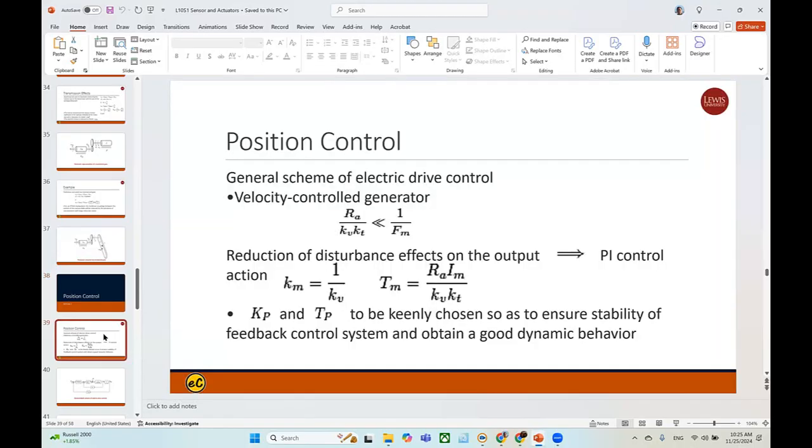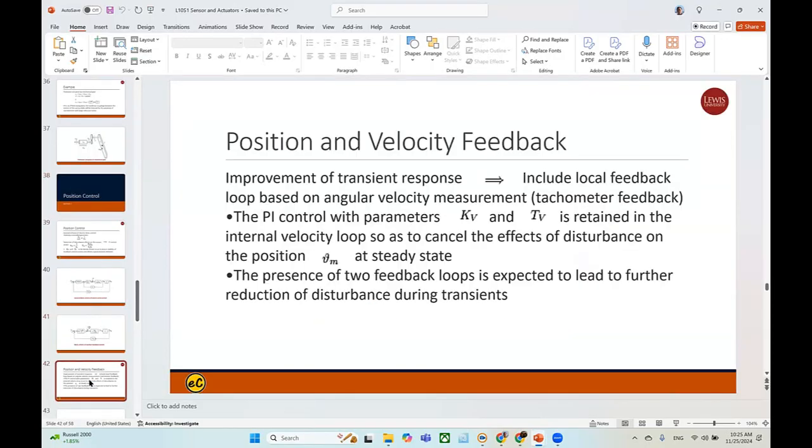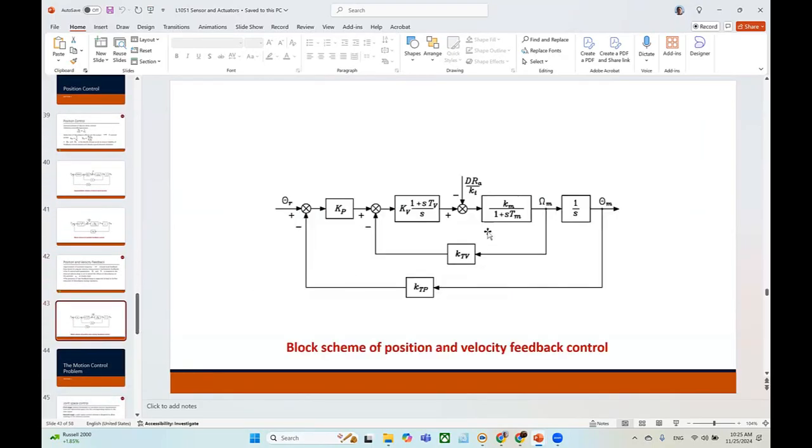And then position control. Position control and velocity control is based on your position, your XYZ, that's your position. And also your velocity. So velocity and the position and the displacement.